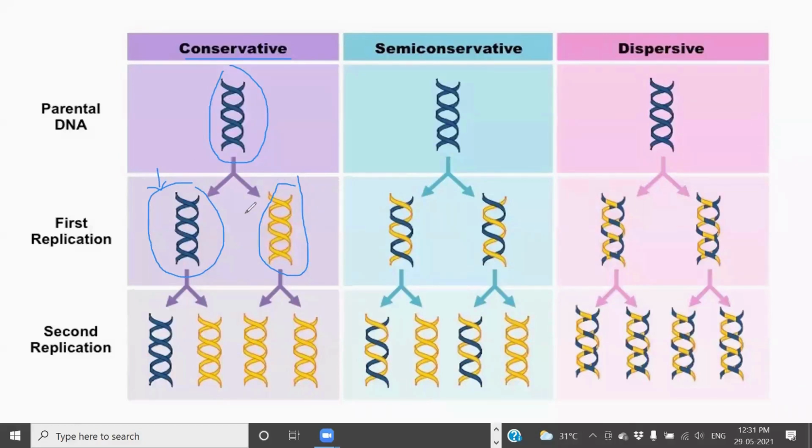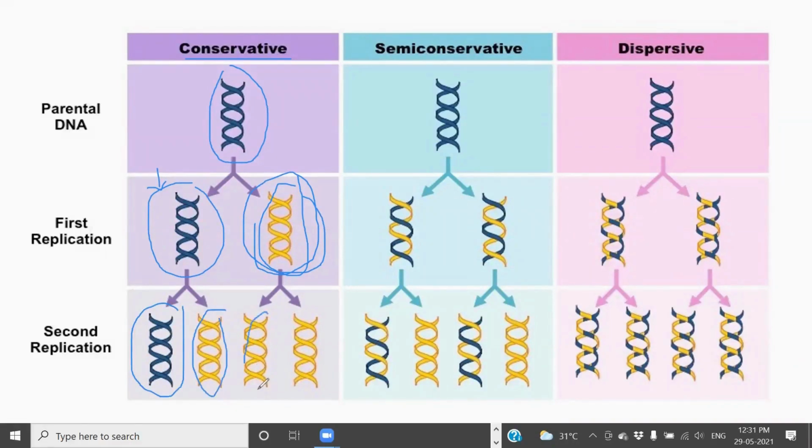But the other DNA molecule, or both strands of the other DNA molecule, the daughter DNA molecule, are made new. This is called the conservative mode of DNA replication. In the second generation or second replication, you can see the parental DNA molecule remains as it is, while new strands are synthesized.